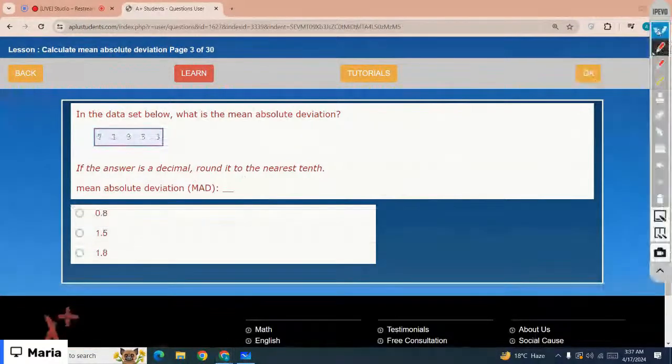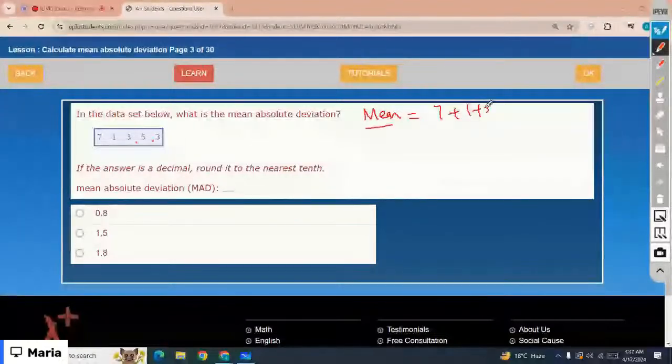Okay, let's just do one more. First thing is you need to calculate the mean. Just add them all and divide by the, they are 1, 2, 3, 4, 5 in number, you have to divide it by the 5. 7 plus 1 plus 3 plus 5 plus 3.